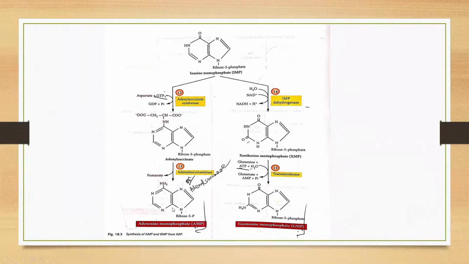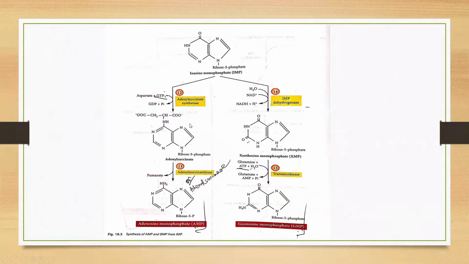Synthesis of AMP and GMP from IMP. The IMP formed in the de novo synthesis is rapidly converted to AMP and GMP. Condensation of aspartate with IMP forms adenylosuccinate.